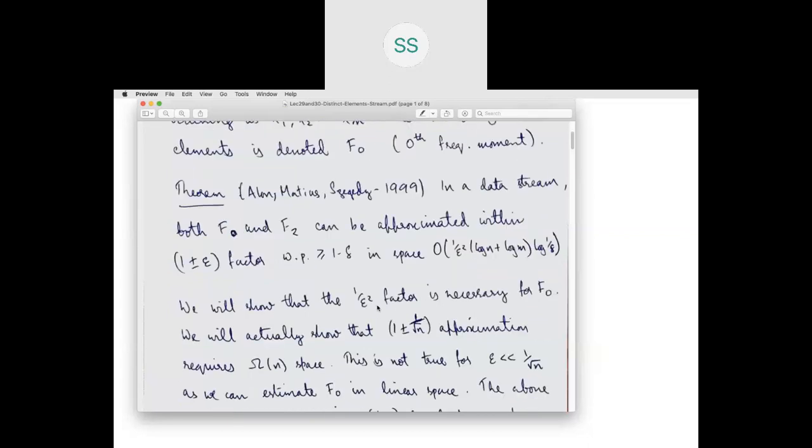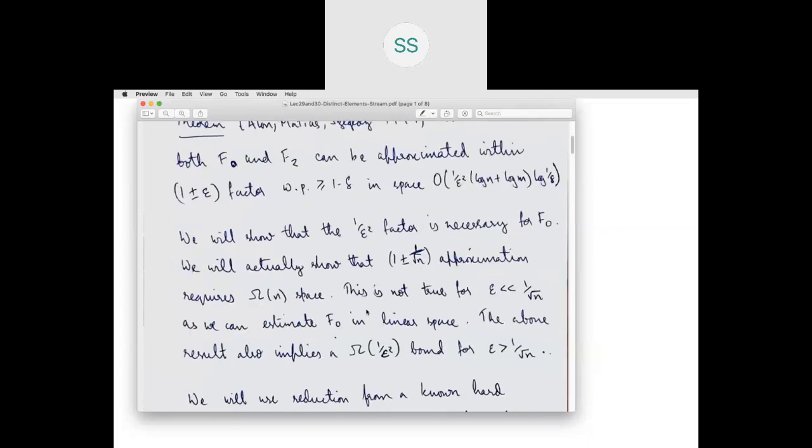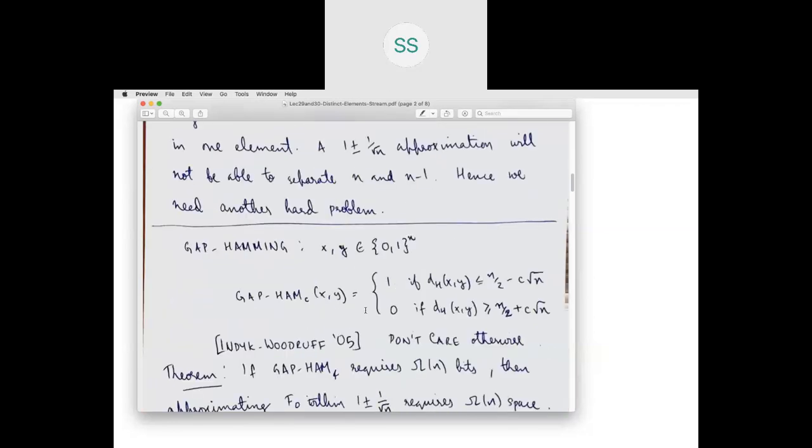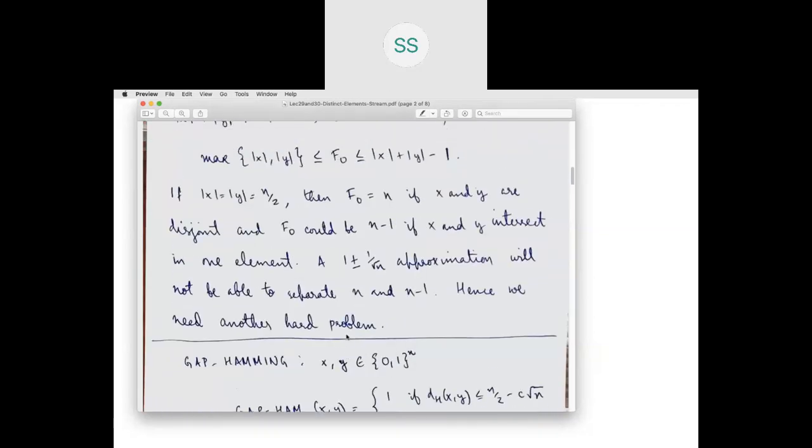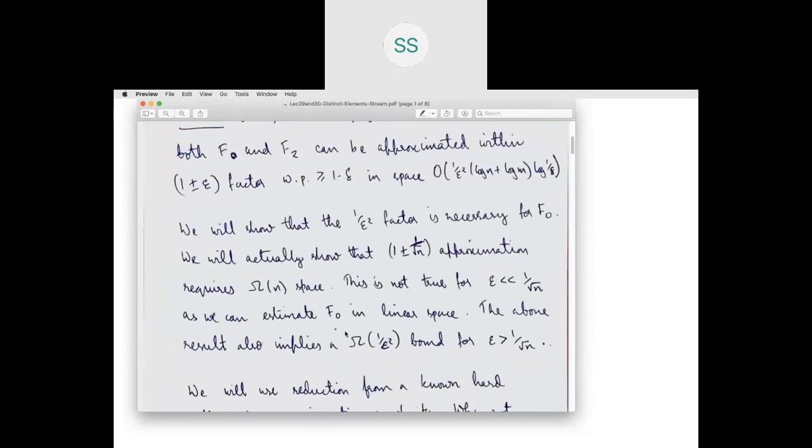Actually, this was a result by Indyk and Woodruff from sometime around 2004, 2005. They showed that this 1 by epsilon squared factor is essential.